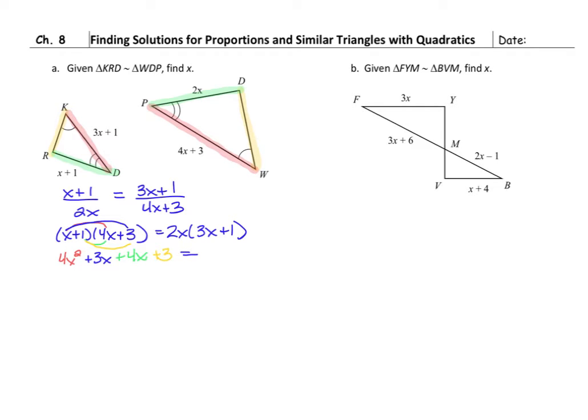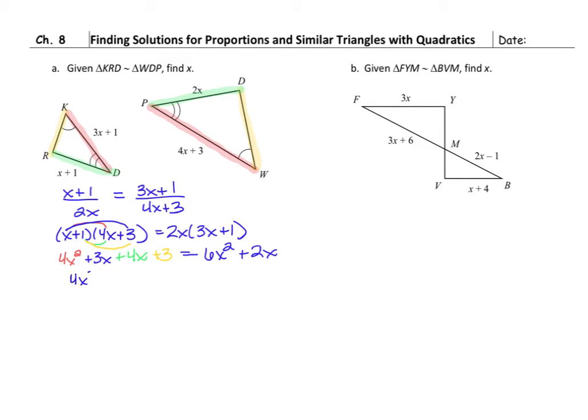Then I'm going to set that equal to this expression after I distribute. So 2x times 3x, that's going to give me 6x squared. And then 2x and 1 is going to give me 2x. Next, I'm going to combine my like terms in the middle on the left-hand side.